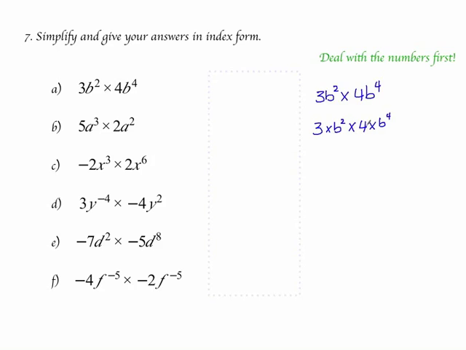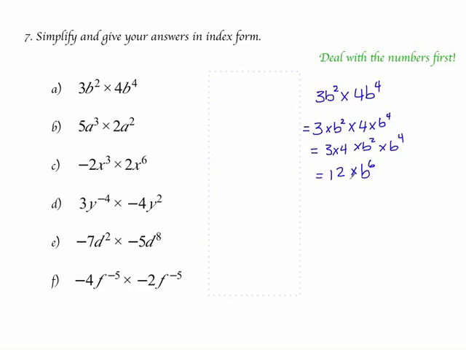Okay, I can put my numbers together. Those are the easy ones to do. So 3 times 4 gives me 12, and then I'm left with the b squared multiplied by b to the 4. So b squared times b to the 4, we know that's going to be b to the 6.